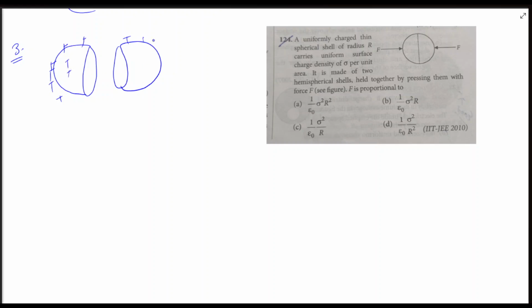So what will happen? This sphere will apply a repulsive force, and similarly this also applies a repulsive force. Both will be equal because Newton's third law will be valid.